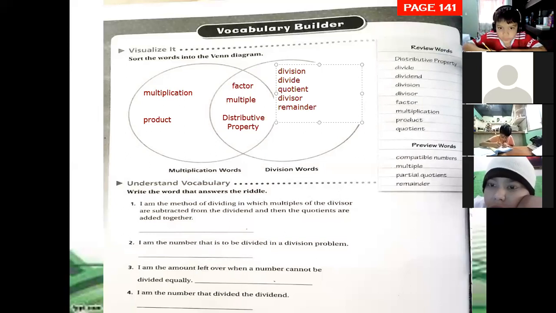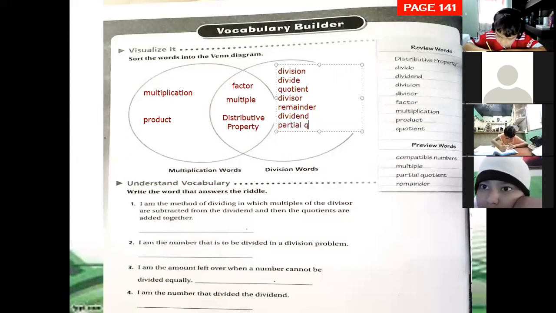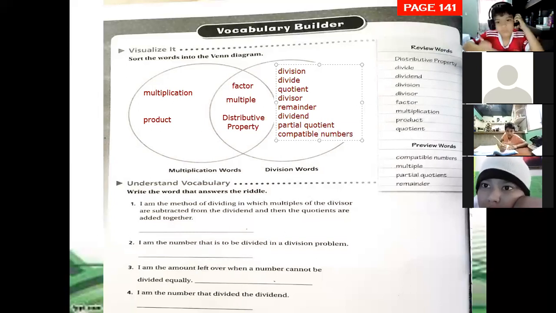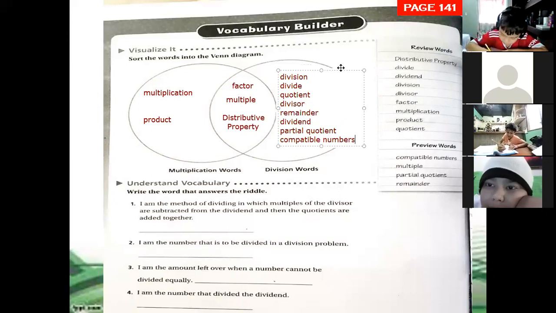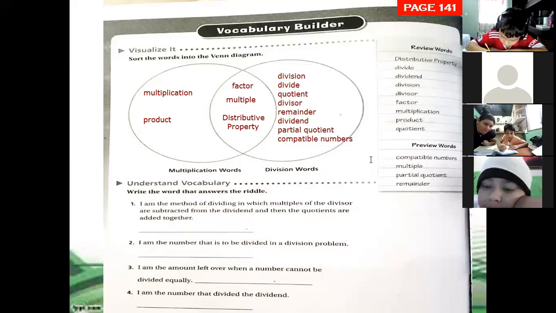Remainder. We're gonna see remainder tomorrow. Dividend. Partial quotient. Compatible numbers. This one has a lot of terms. Compatible numbers. There you have it.